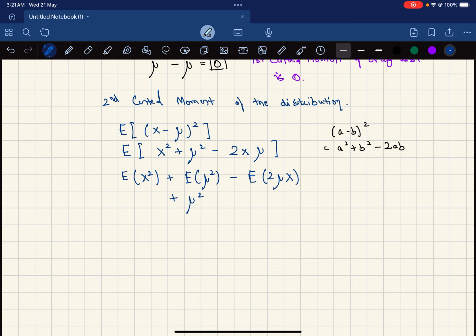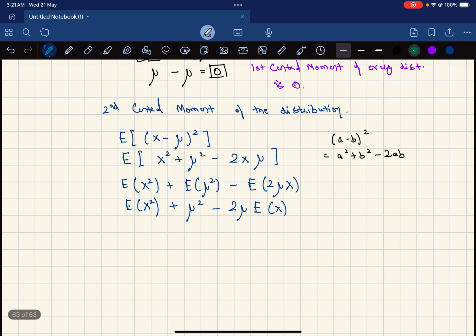Expected value of X square we can keep as it is, minus, now 2 mu is a constant, so we can bring that out and we have expected value of X. For exponential distribution, we already know the expected value of X was 1 upon lambda and the expected value of X square, like we calculated in our previous session, was 2 upon lambda square.